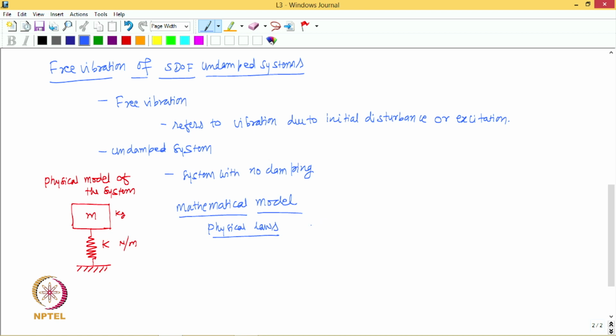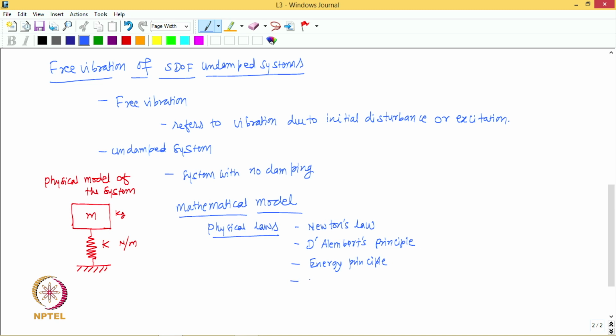Those physical laws are, for example, Newton's law, or we can use D'Alembert's principle, we can also use the law of conservation of energy, which is referred to as the energy principle.